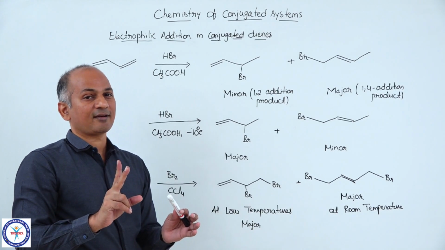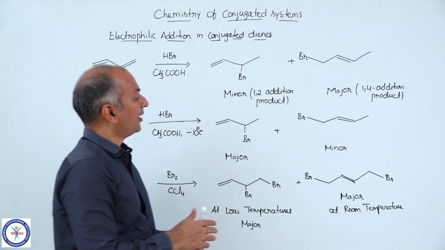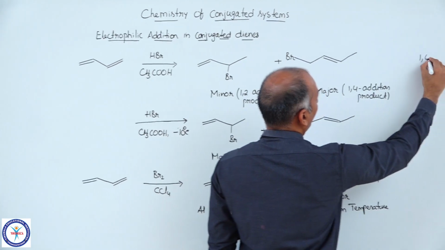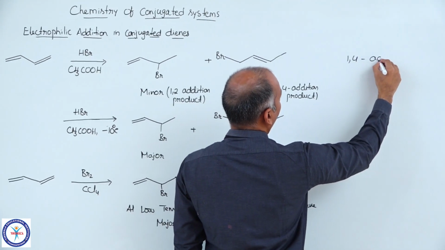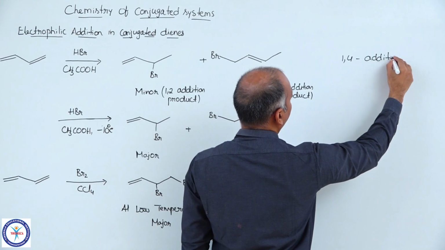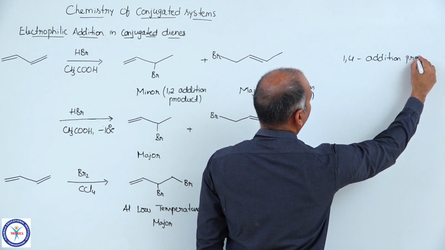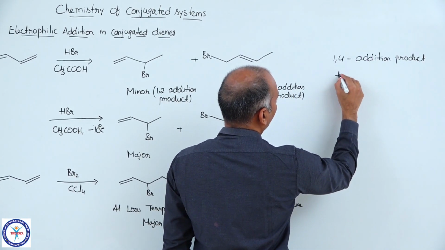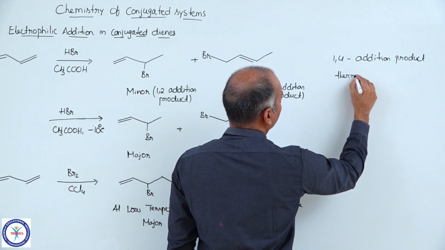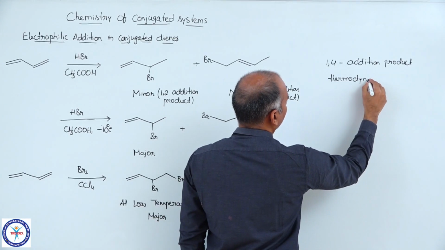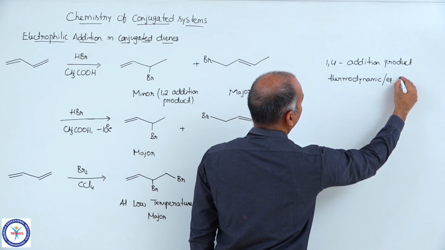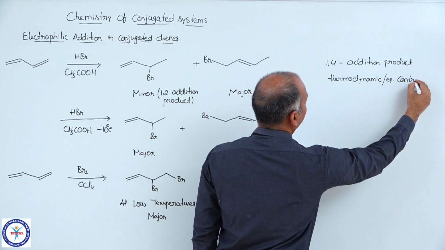So two things are there. This 1,4 addition product is called the thermodynamic controlled or equilibrium controlled product.